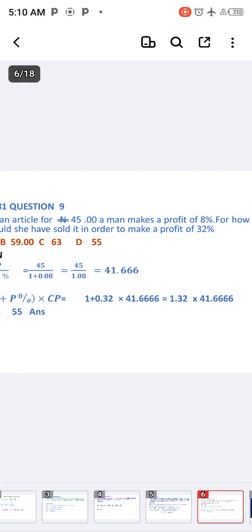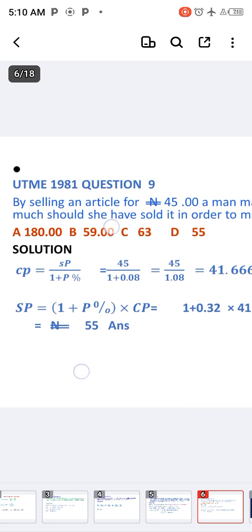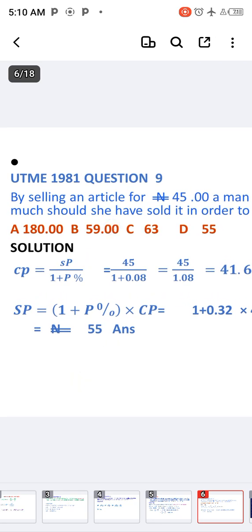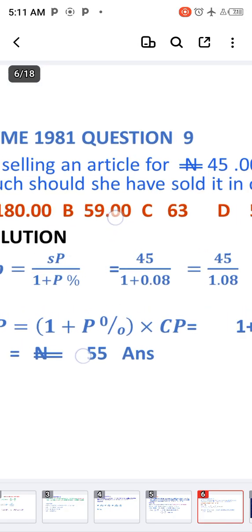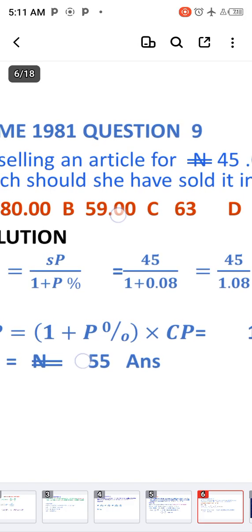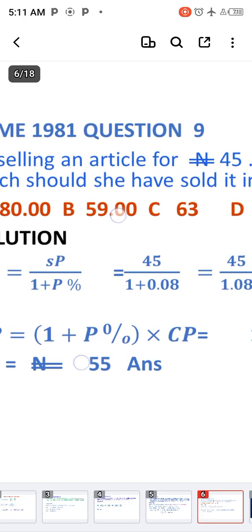This question demands us to use the two formulas. We are going to find the cost price. After finding the cost price, we will now peg the selling price at a profit of 32%. So the cost price of the article, as regards our formula after adjusting it, is cost price is equal to selling price over 1 plus profit percent.